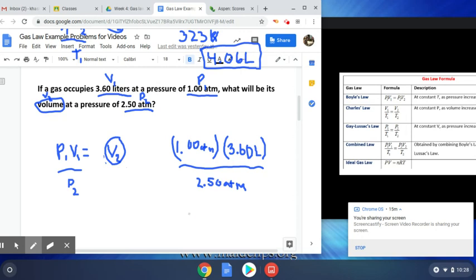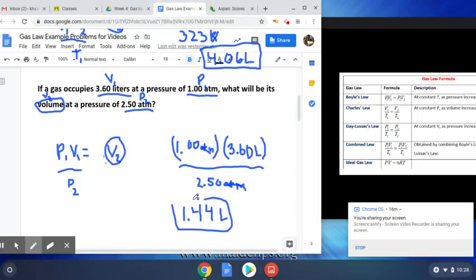And then you do that out. So you have 1 times 3.6 divided by 2.5, and you end up with 1.44 atmospheres. I'm sorry, 1.44 liters. The atmospheres will cancel, and you'll end up with liters.